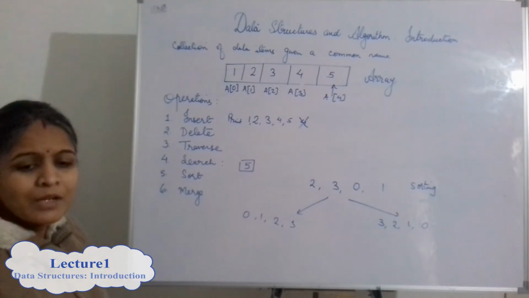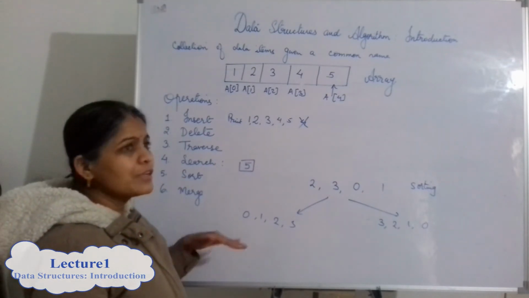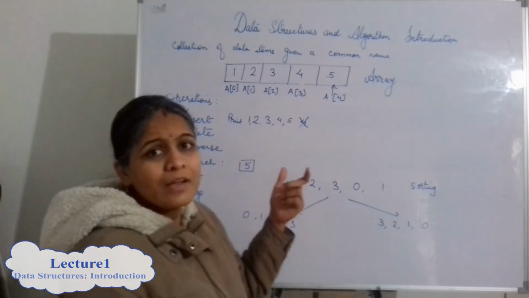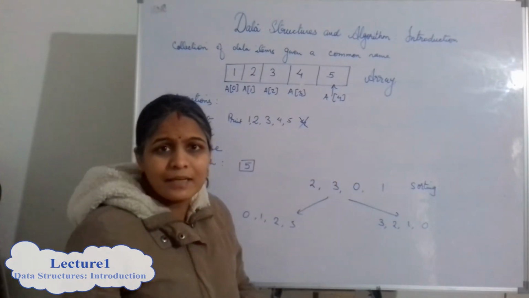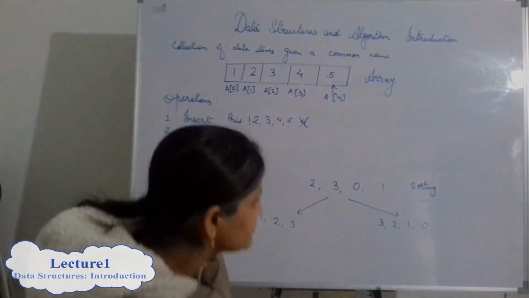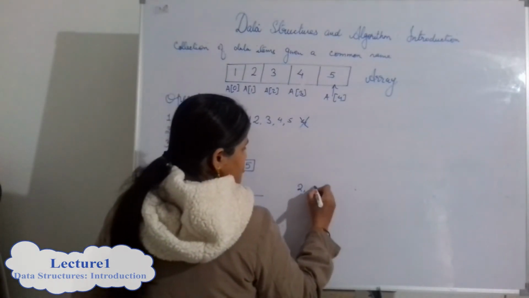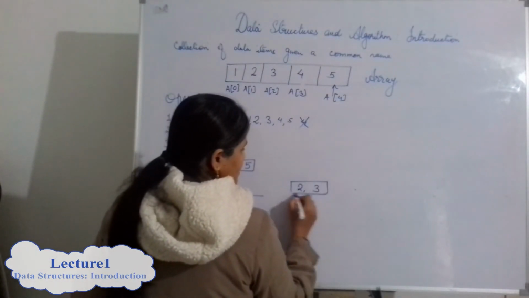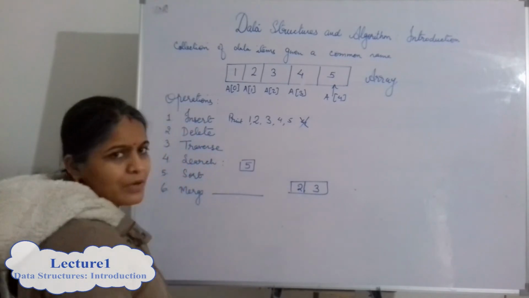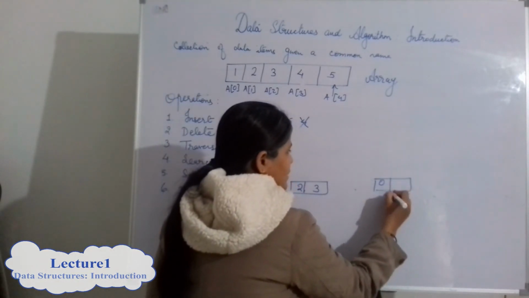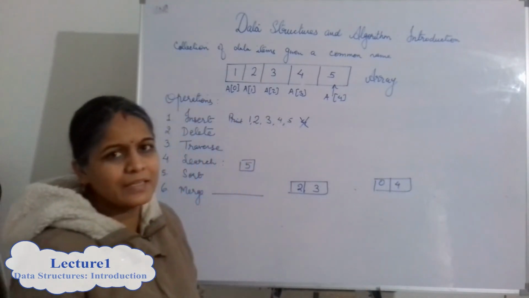Merge. Merge means combining two different lists into single one. Combining two different collection of items into a single collection of items. For example, I am explaining merge operation. We have 2 and 3 as an array of 2 elements and say 0 and 4. This is another array.